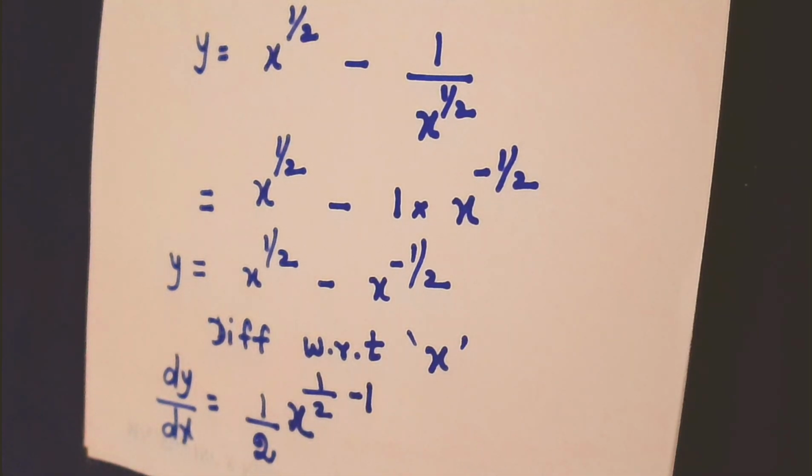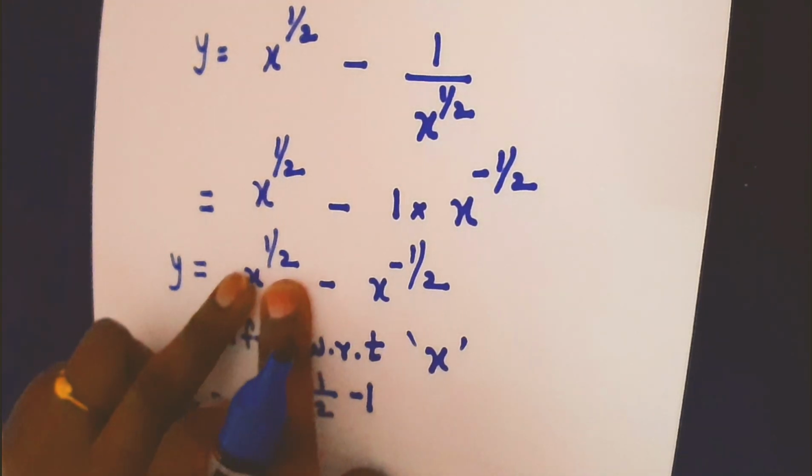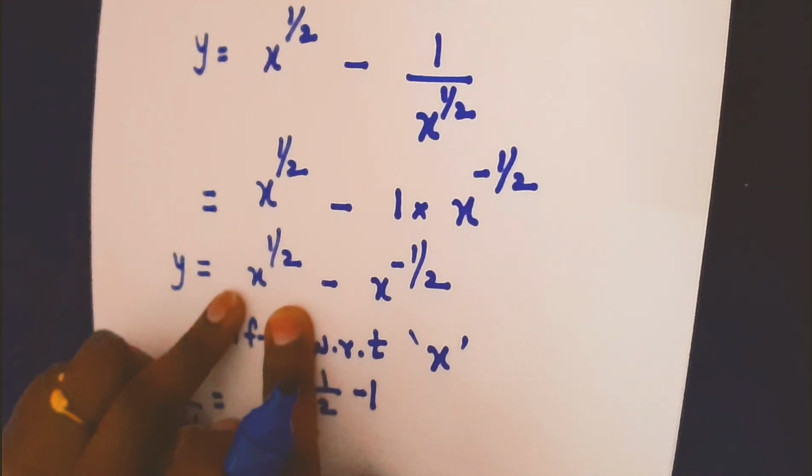Students, when you practice, only then will you get the answer correctly. That's why I request all of you to practice sincerely. In this video itself, I'll give some problems for practicing so that it's very easy for you for any kind of test. So what I have done is applied the basic power rule.